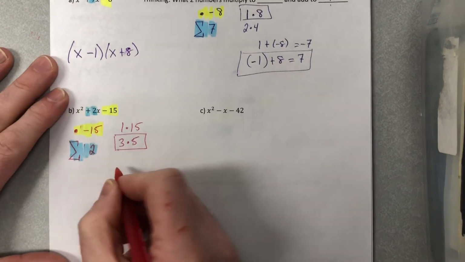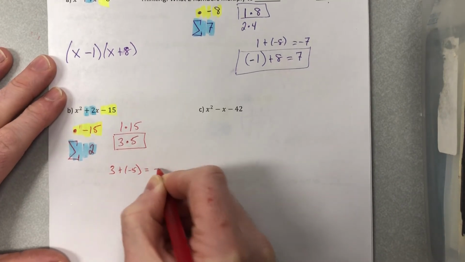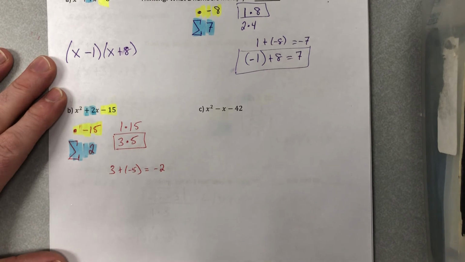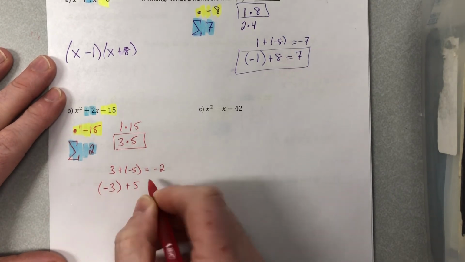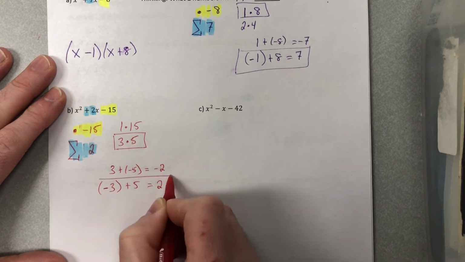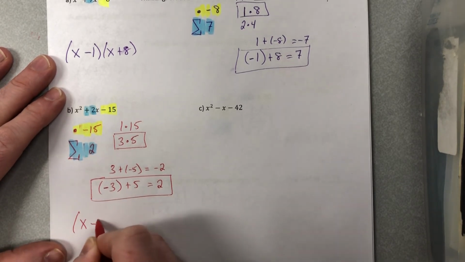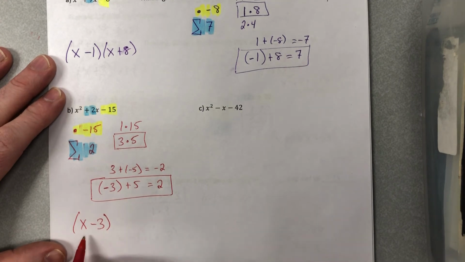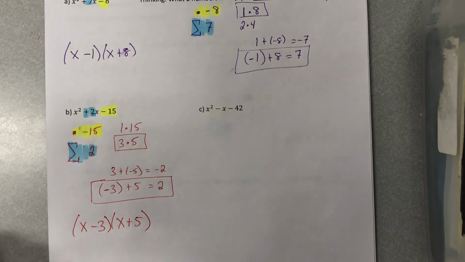So what's 3 plus negative 5? That's negative 2, that's not going to work. And if I did negative 3 plus 5, that gives me 2. So now that tells me how this is going to factor. This is going to factor to x minus 3 times x plus 5.